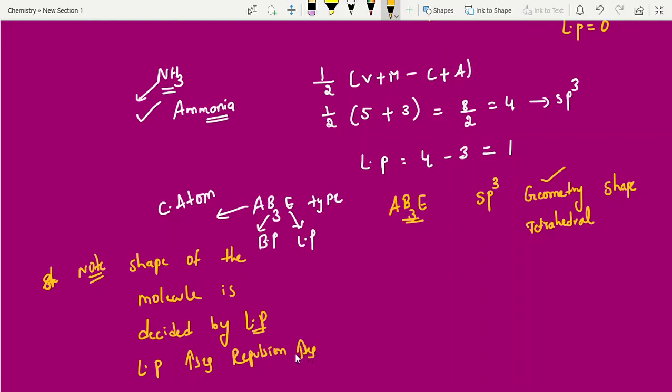To avoid this repulsion, the bond angle decreases, shrinks, closes, like that. So that's why the bond angle decreases. Clear? Now I'll show an example also. So this is the geometry. This is a pyramidal shape, and the bond angle is 107 degrees.